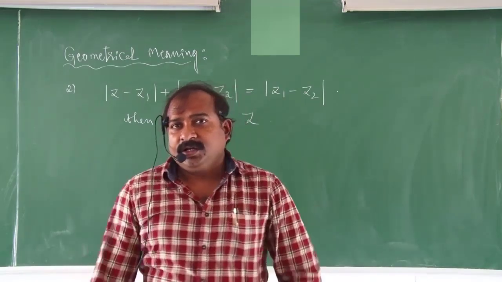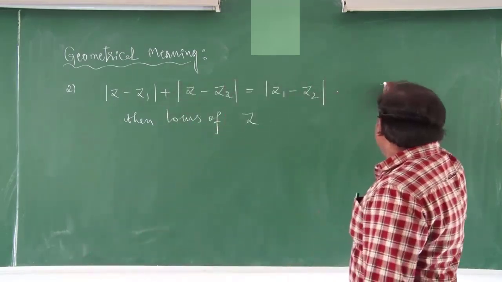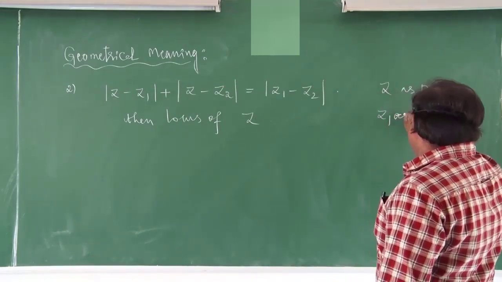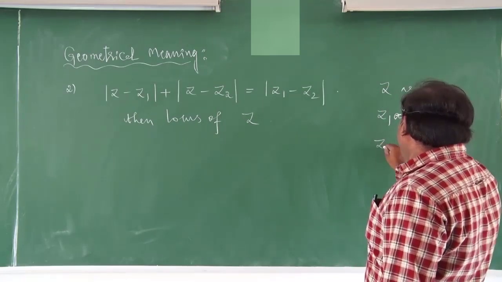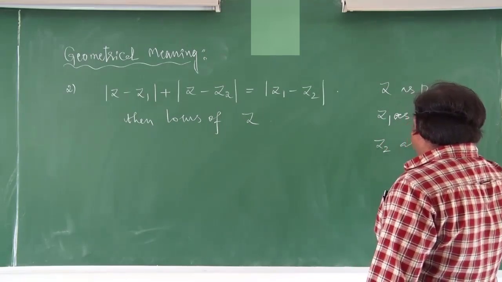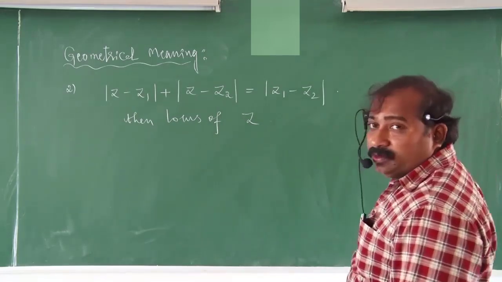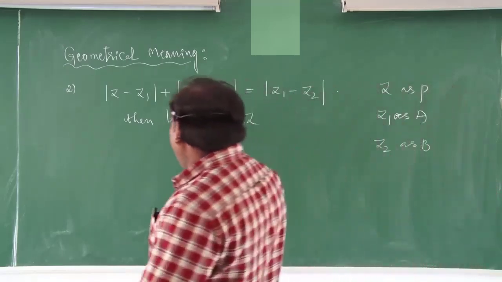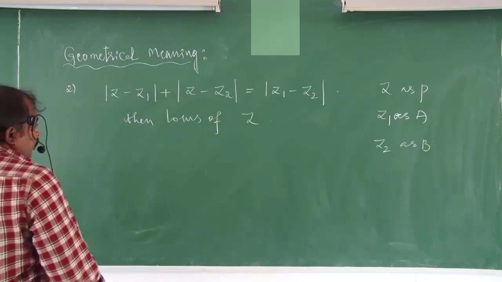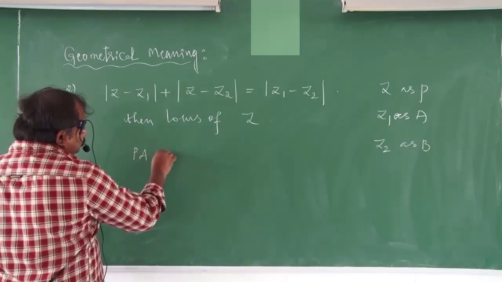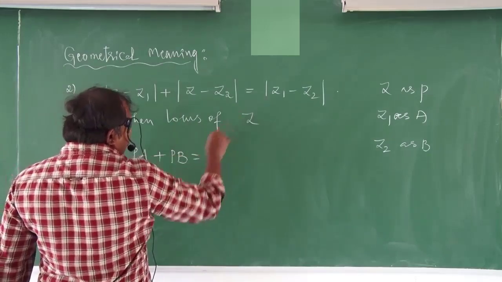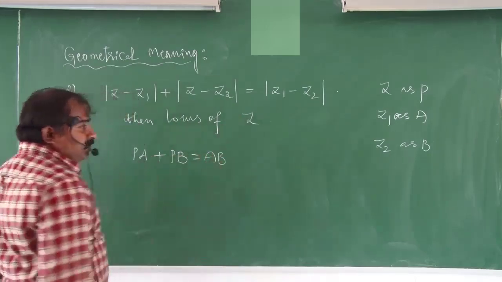Simple logic, here also you can take Z as P, Z1 as the point A, Z2 as the point B. And then write it down in geometrical form. If you write in geometrical form, what is this meaning? Nothing but PA plus PB is equal to AB.